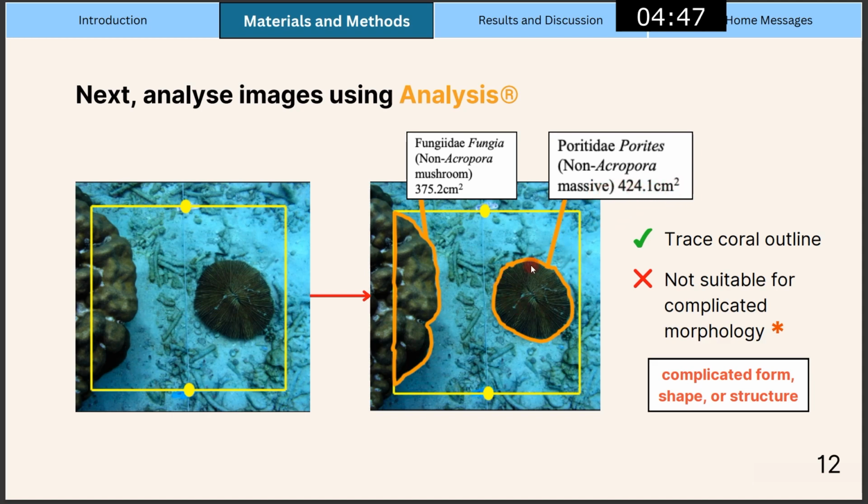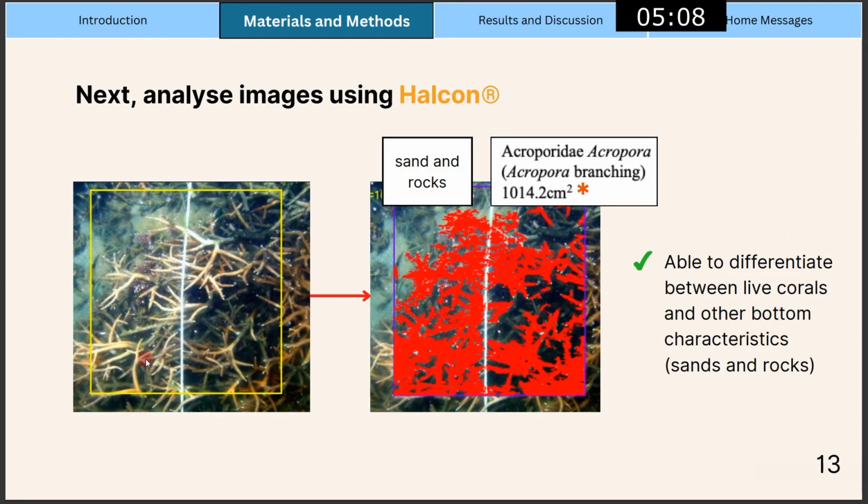For this one, it is a non-Acropora massive coral, taking up about 424.1 square centimeters. The software helps us to trace the coral outline. However, it is not suitable for complicated morphology.